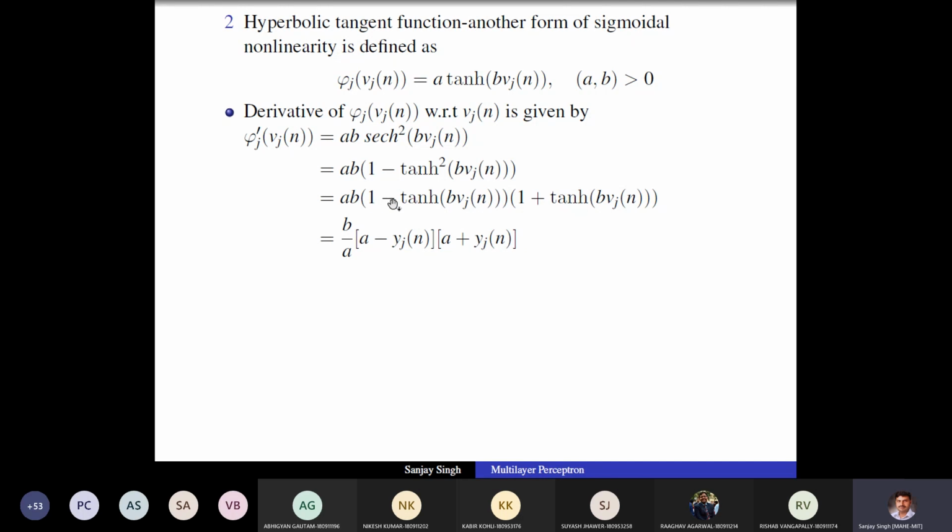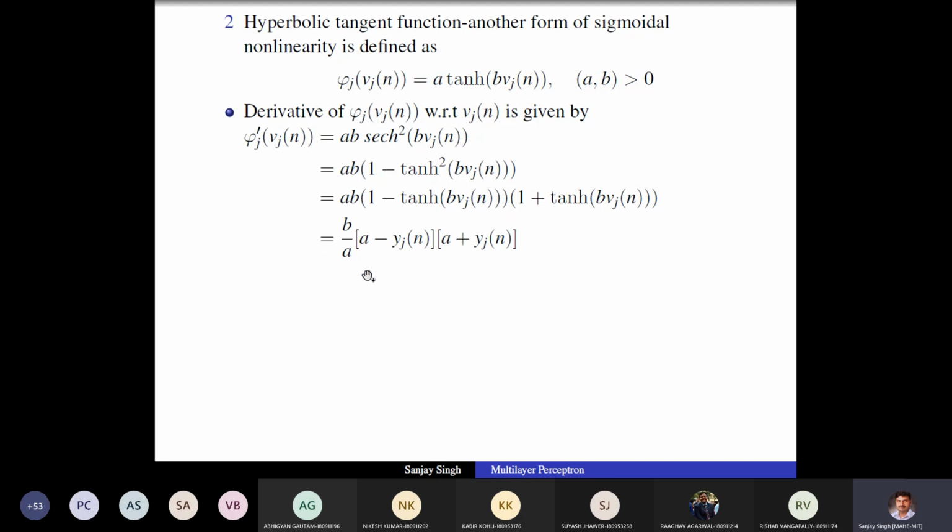When I take this multiplication, the a will be there, and this will be a tanh, so yj, and here a plus a tanh. Whatever you multiply, you have to divide it also. So you multiply by a square, you have to divide by a square. One a will go here, another a will go here, and when you divide by a square, this a will cancel, and below only one a is left. So ultimately this phi j prime is something like this.